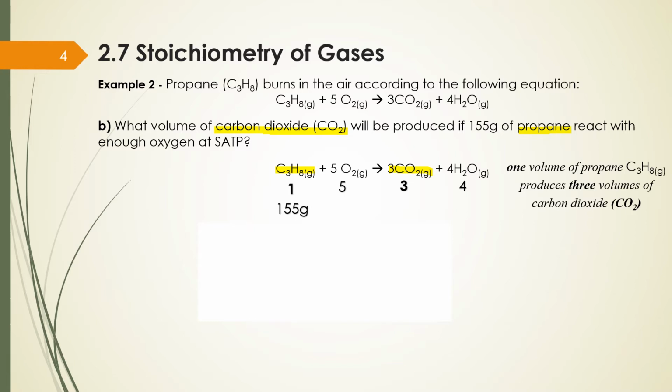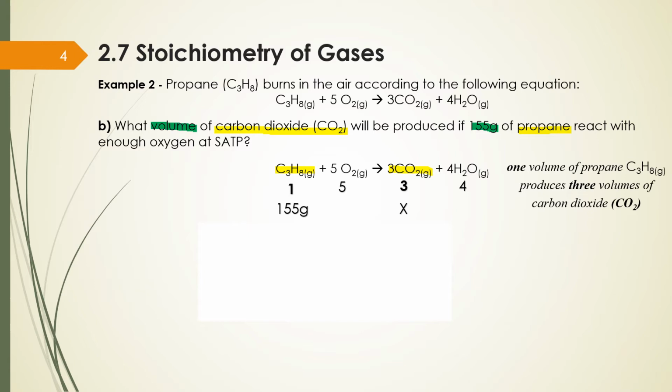I know 155 grams of propane and I want to know the volume of CO2. So if you pay attention here, I want to know the volume and I have grams. They are not the same unit, so you cannot plug in directly.